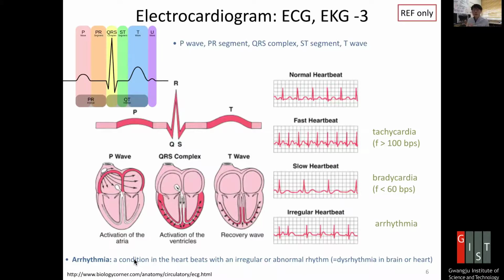So arrhythmia is problematic if it becomes serious. For the heart to function as a pump, sending out oxygenated blood throughout the body and then collecting deoxygenated blood back to the heart, it has to be coordinated. If it doesn't do that job, it can become serious.